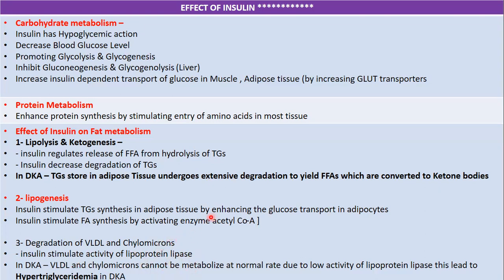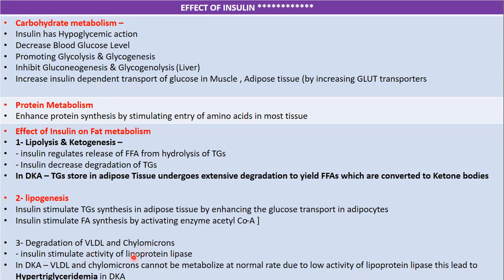The point which we need to remember in this part of diabetic ketoacidosis is only that VLDL and chylomicrons cannot be metabolized at a normal rate. Why? Due to the low activity of lipoprotein lipase, that is an enzyme, and that leads to hypertriglyceridemia.